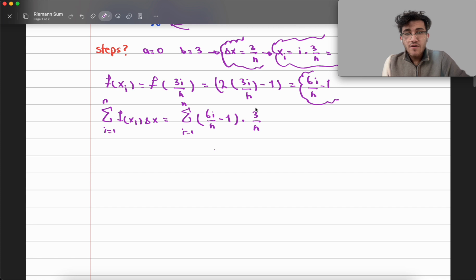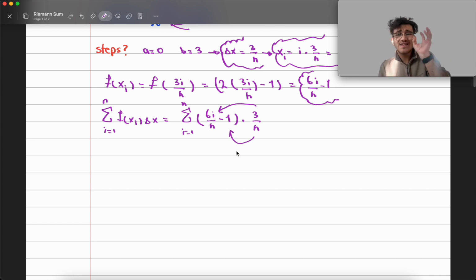Basically, this 3 over n should be distributed, or multiplied by 6i over n once and by negative 1 once. But the thing is, I need my sigma either to be in terms of i, or in terms of a constant number.